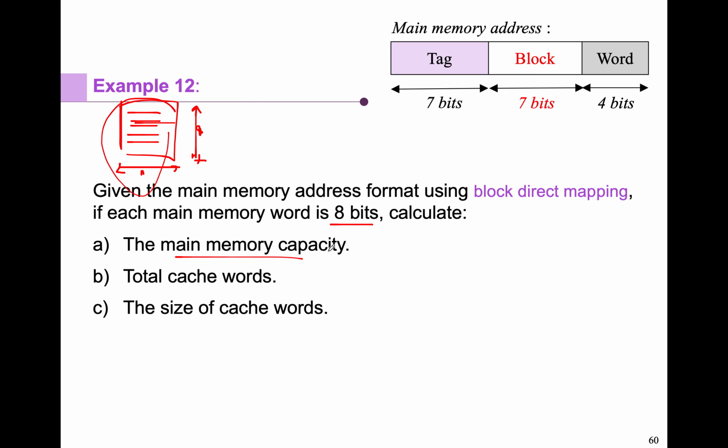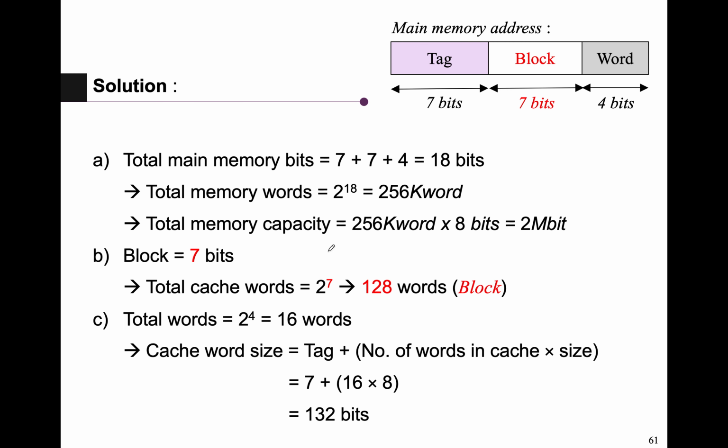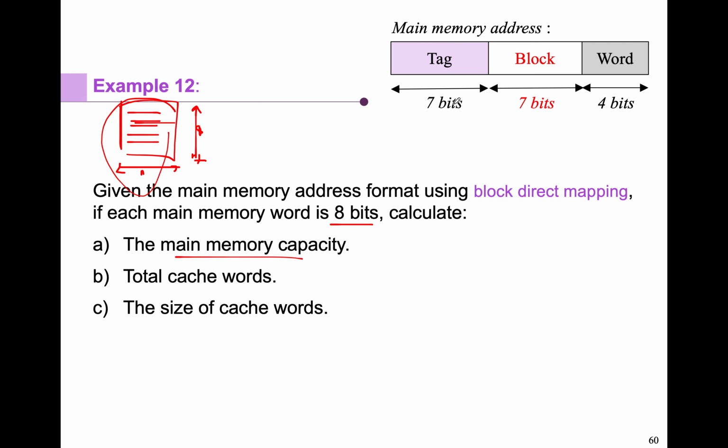Same goes for the main memory capacity. Okay, let's take a look at how we need to solve it. In this question, we are given 7 bits for tag, 7 bits for block, and 4 bits for words.